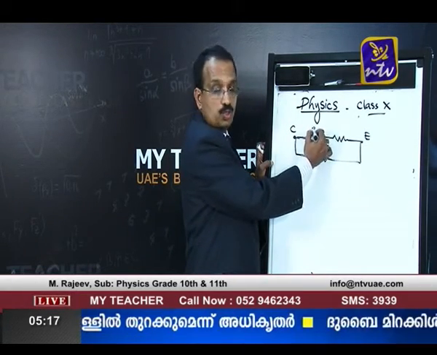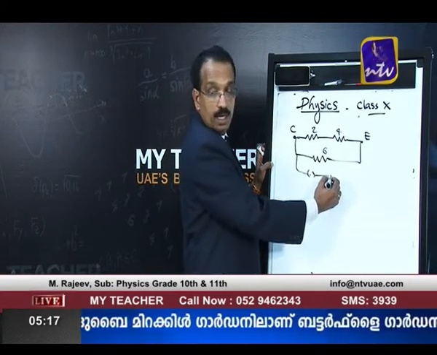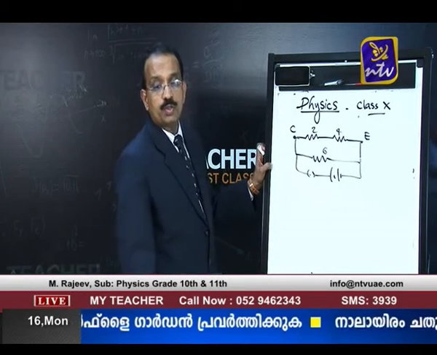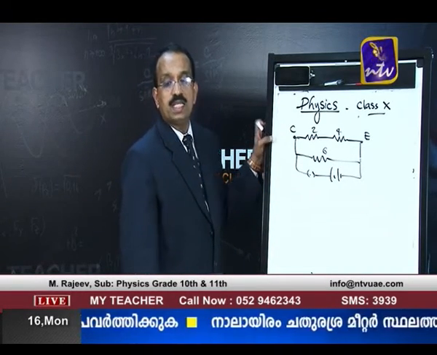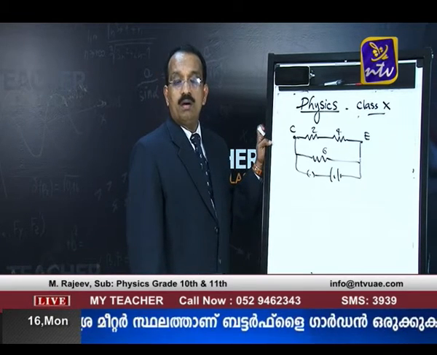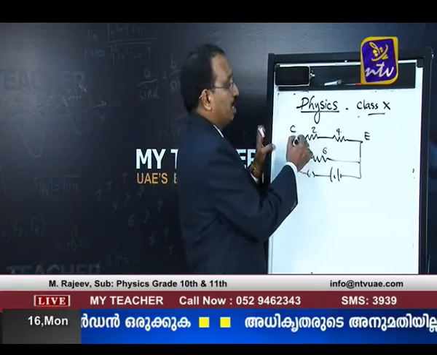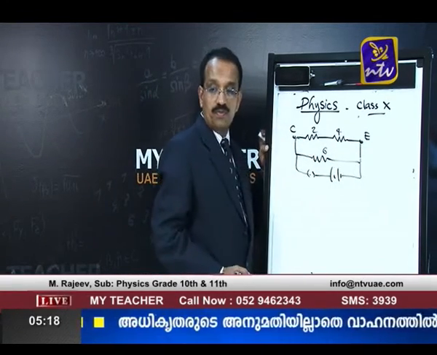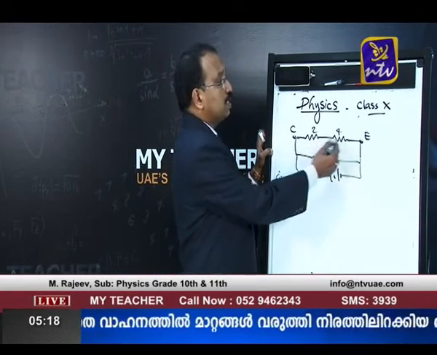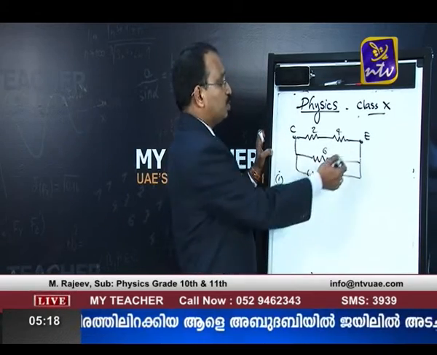There are resistors 2 ohm, 4 ohm, then there is a battery and a key like this. So, the question, you have to find out the resistance across CE, that is from here to here, what is the value of resistance, that is the first thing you have to find.